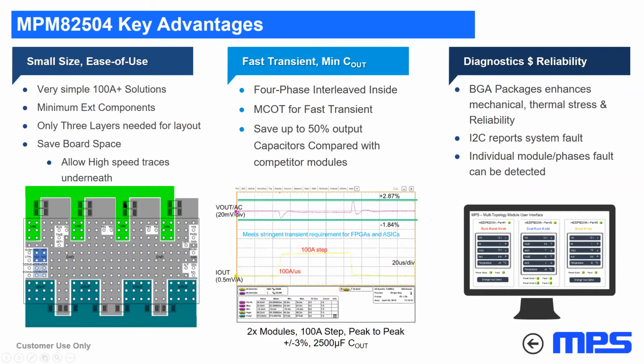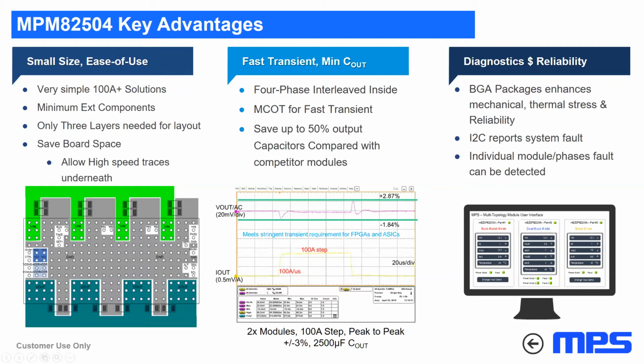We make the cap placement very simple, but we also really push the fast transient, which I have some detailed slides on. And the diagnostics and readback are key for accelerator cards, because this device, our 82504, offers telemetry and readback built in.